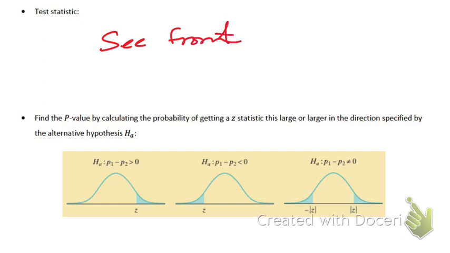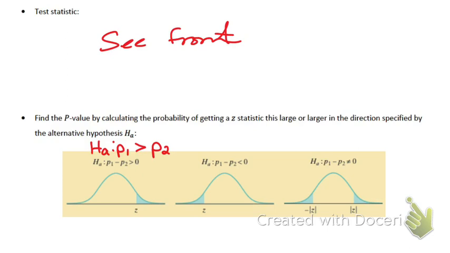Okay, the p-value. So let's say that our alternative hypothesis is that P1 is greater than P2. That means that I think that the proportion in the first population is bigger than the proportion in the second population. So when I look at their difference, I would get a positive number.